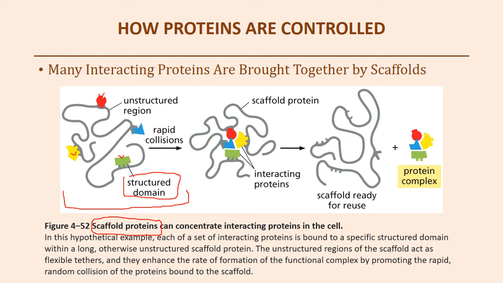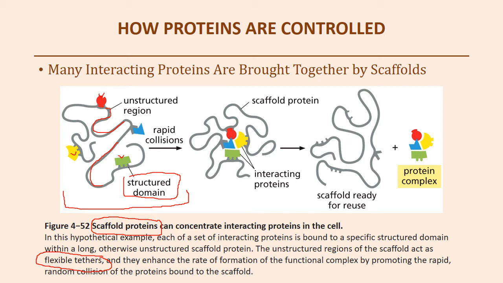And then it will also have these unstructured regions. The unstructured regions are going to be important because they're going to allow for flexibility to occur within the scaffolding protein. And these flexible regions are going to make it easy for the scaffolding proteins to increase the interaction between the proteins that are linked to their structured domain.